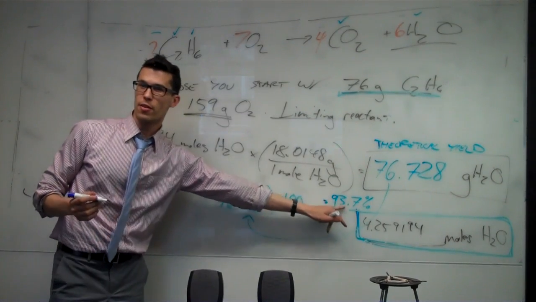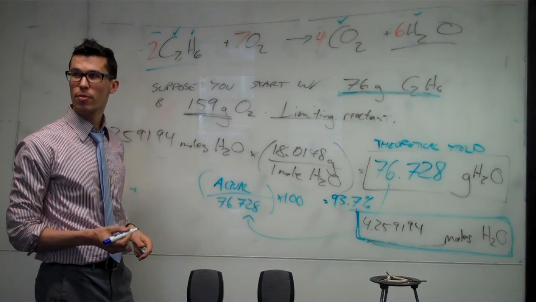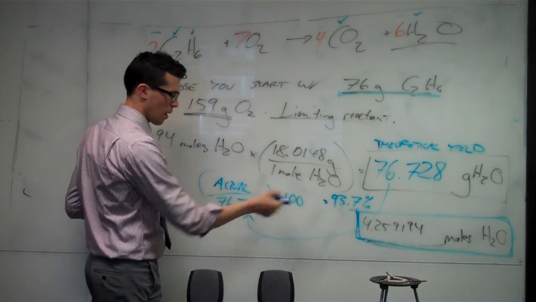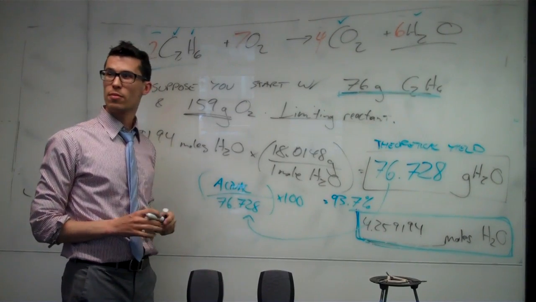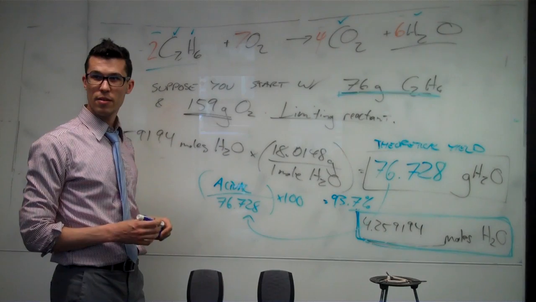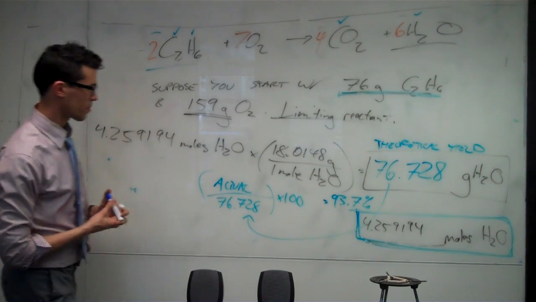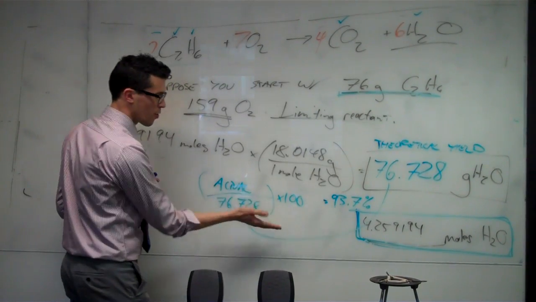You divide by 100 on both sides, which cancels the 100, and then you multiply by the 76.728, and you get the actual.